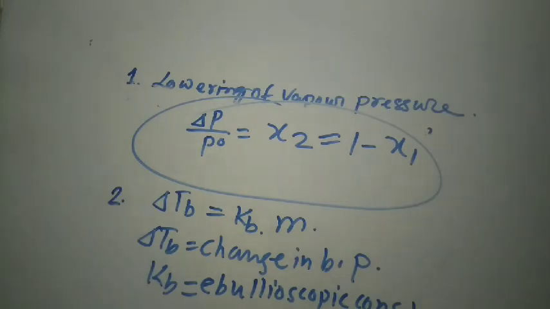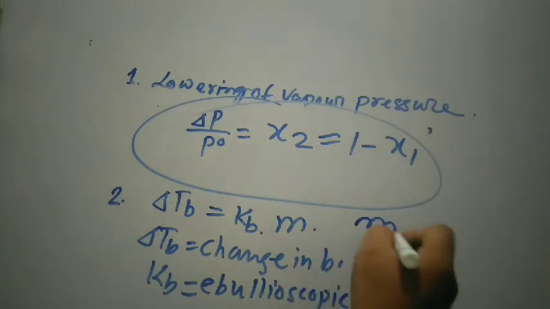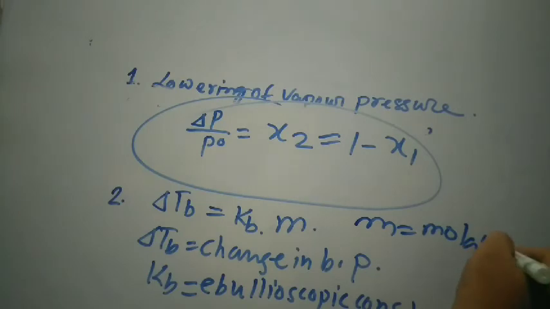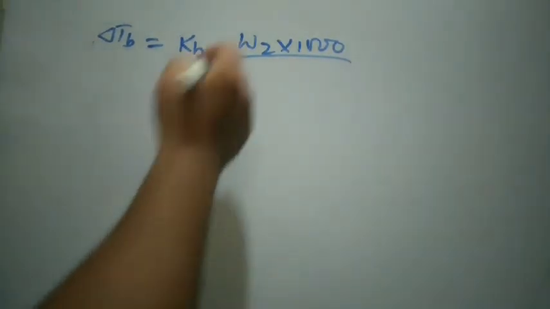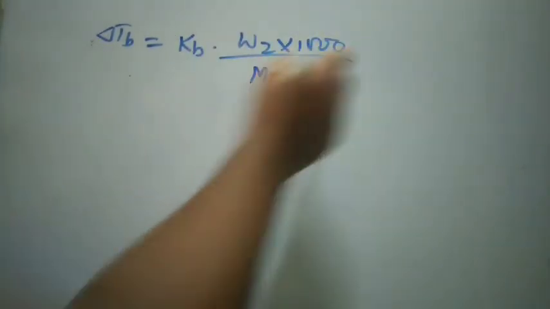Okay, m equals molality. This formula can also be represented like this: delta TB equals KB into W2 into 1000 divided by M2 into W1.